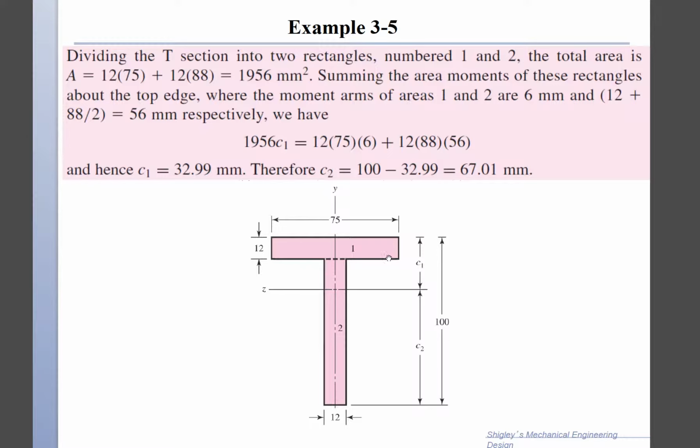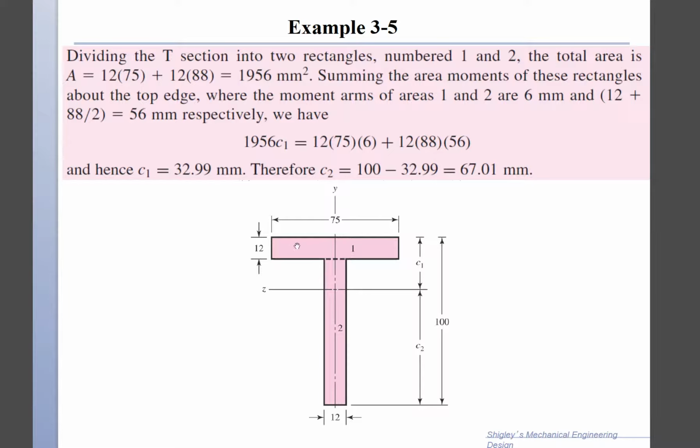So for me to do that, I'm going to divide the T into two rectangles. The top rectangle is 1 by 12, and then the bottom rectangle is 12 by 88. And I find the area of this, and the total area is 1956. And then I want to find the moments of these rectangles about the top edge.